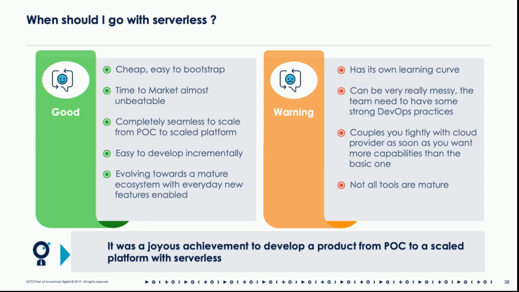It was really easy to develop incrementally, like developing new versions. Everything was a really good setup. And every day it's evolving towards a more mature ecosystem. Right now, the Lambda product, for example, is really mature, and every day there are new features, new languages, or new things that you can do.